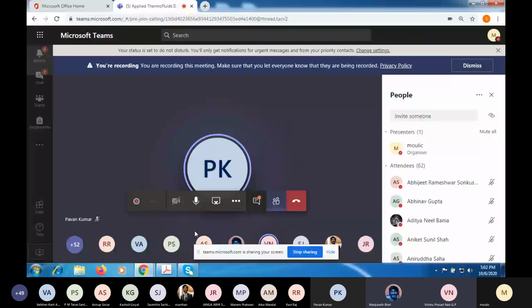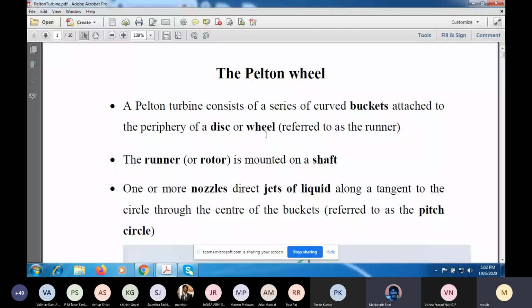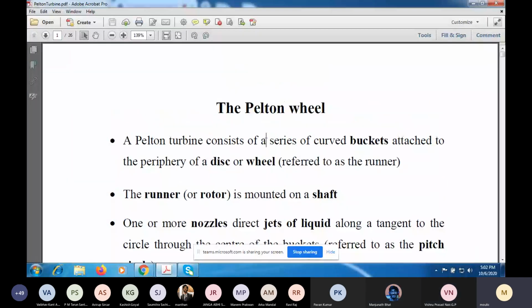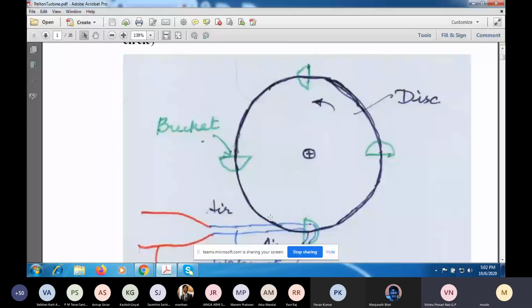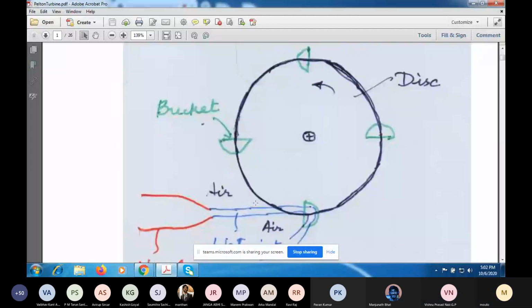So we'll apply what we have studied yesterday to the Pelton turbine or Pelton wheel. Now, to refresh your memory, here is a schematic of a Pelton wheel. So this black circle represents the disc or wheel on which buckets are mounted.